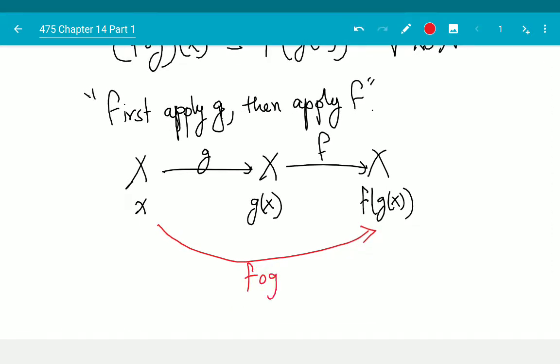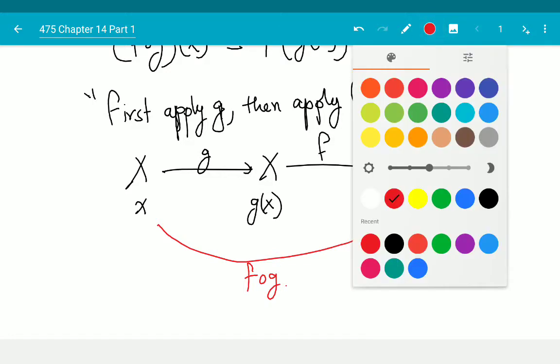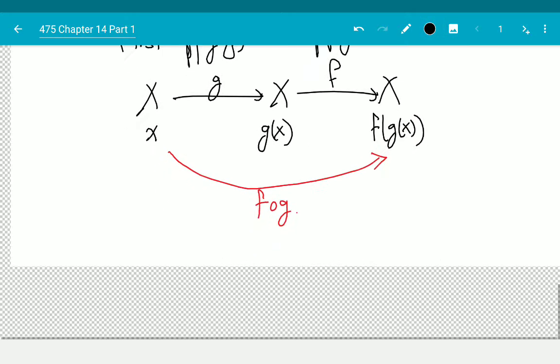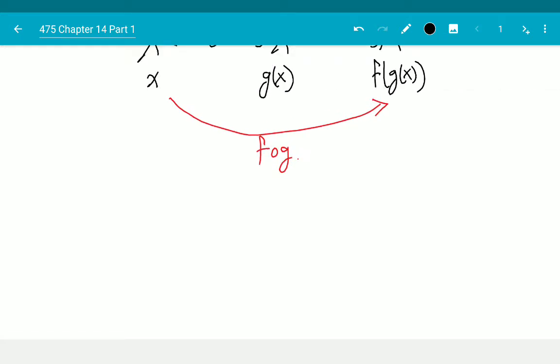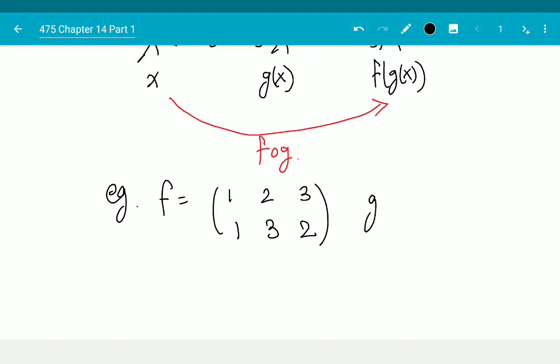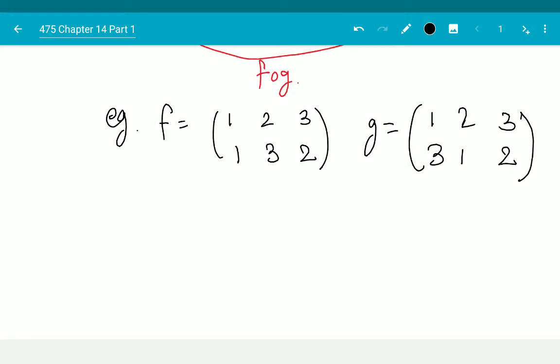f composed with g. Okay, so for example, if I was looking at the permutations example, f is equal to 1 2 3 over 1 3 2, and g is equal to 1 2 3 over 3 1 2, right? Then how's it going to look?